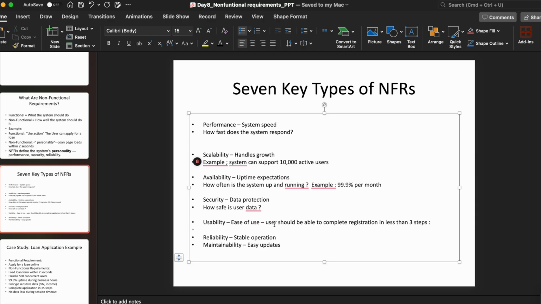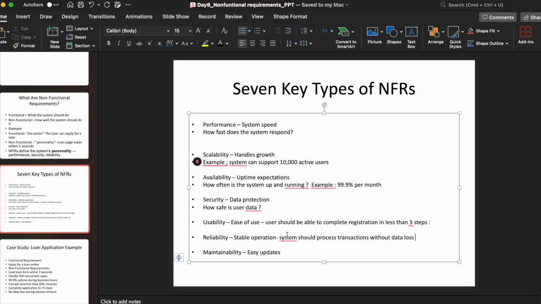Next one is reliability. Reliability is, does the system behave consistently under normal conditions, right? Example: the system should process transactions without data loss.